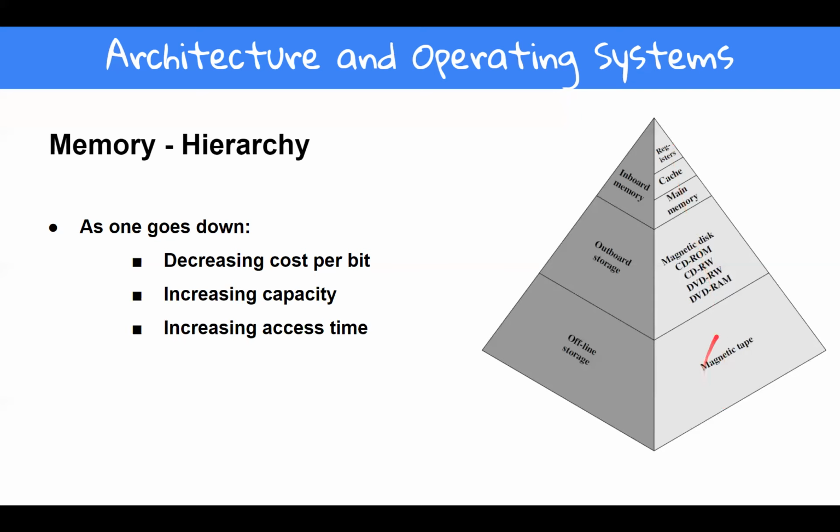But here, the access time is very high. So when you go down, the access time increases. Register is the fastest, then cache, then main memory, then magnetic disk, CD, DVD, and hard drive, HDD, and the other one is external hard drives. So this is how the access time increases in memory.